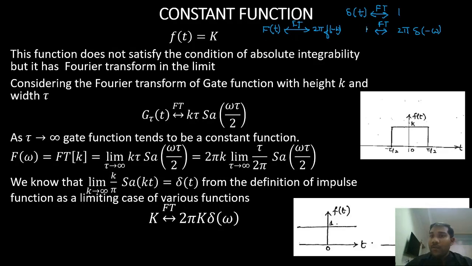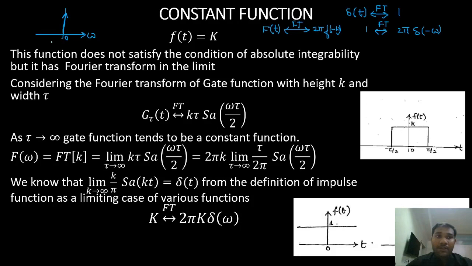Now before multiplying, this delta of minus omega here, if I draw the delta of minus omega, this is my omega axis. Delta of minus omega is right here when omega equals 0.